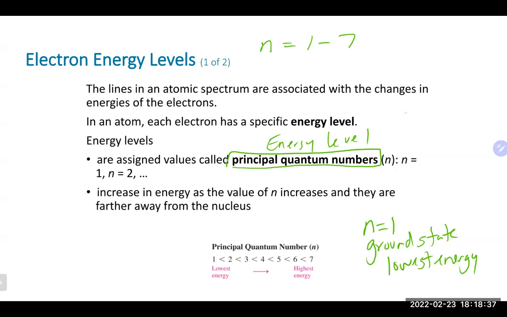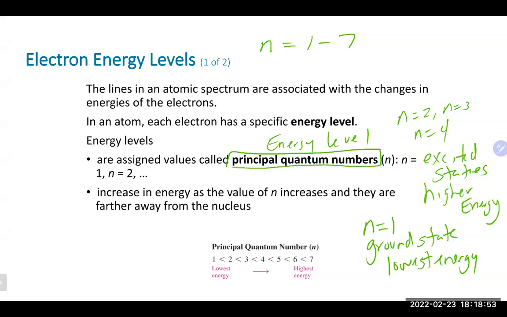As you go above that, n equals 2, n equals 3, n equals 4, and so forth, these are what are referred to as excited states. And those are higher in energy. So anything above n equals 1 is considered an excited state. It's higher in energy. It's also further away from the nucleus.